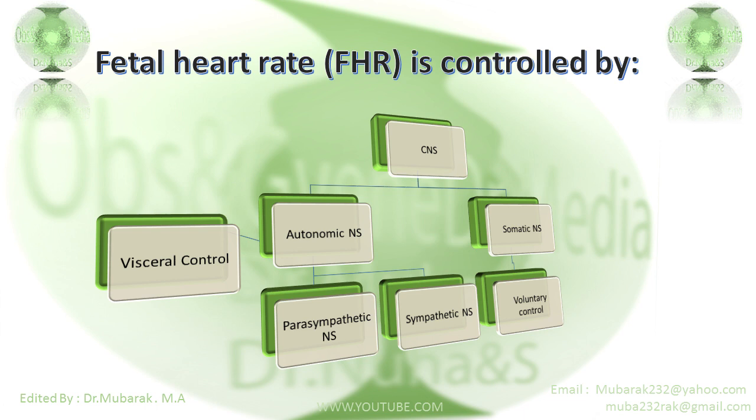Somatic nervous system is responsible for voluntary control of body movement via skeletal muscles, and it accounts for the occurrence of accelerations on the CTG trace. However, accelerations may also be seen in anesthetized fetuses, indicating that somatic nervous system activity may also be centrally mediated.